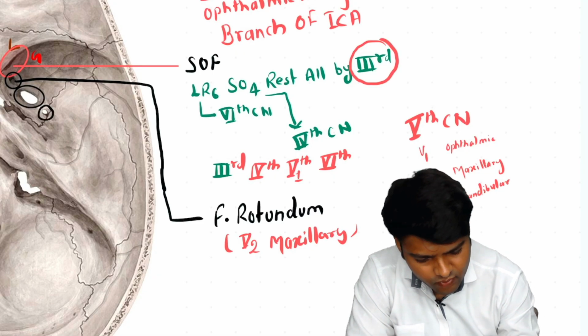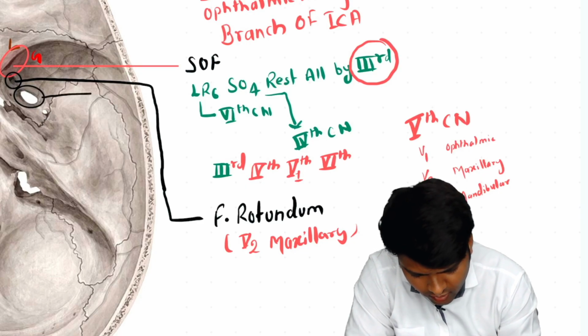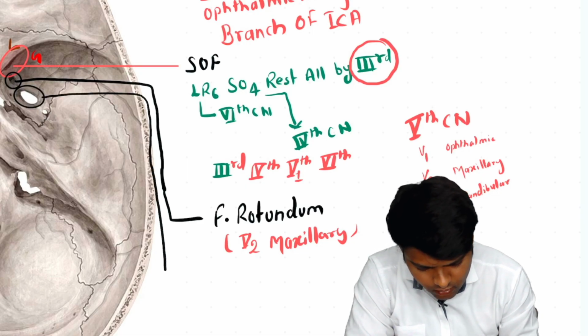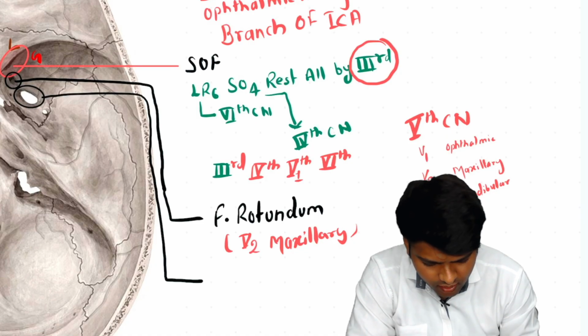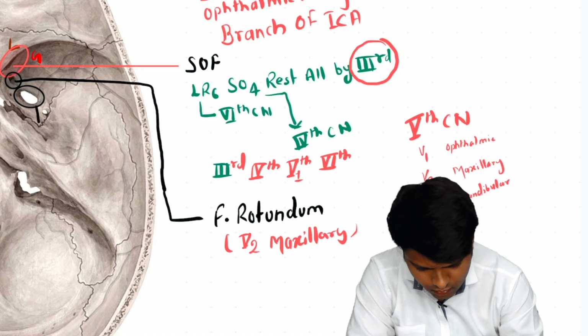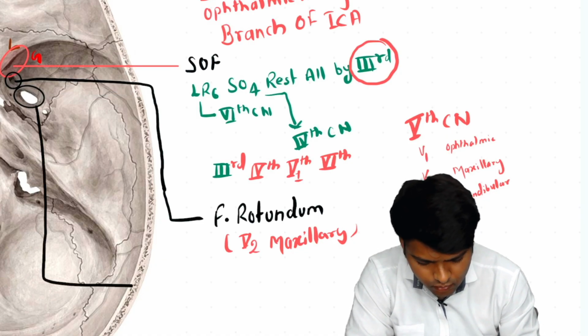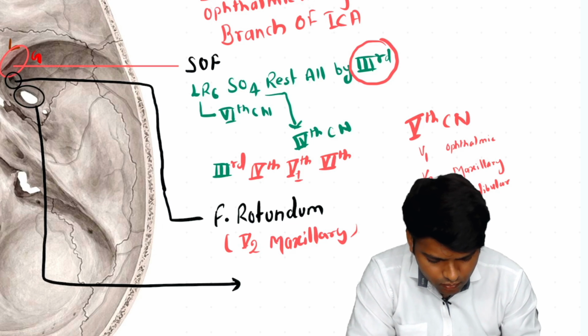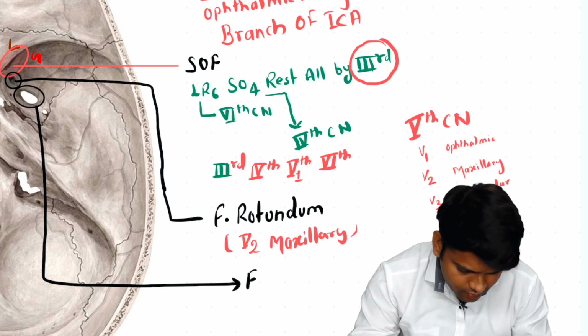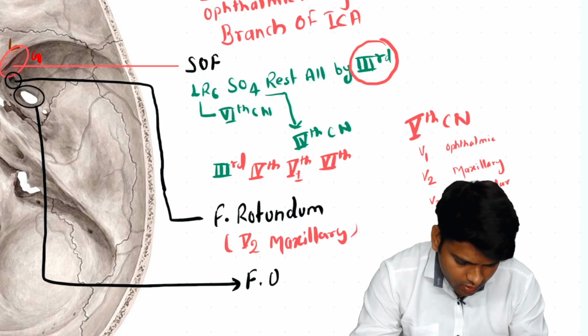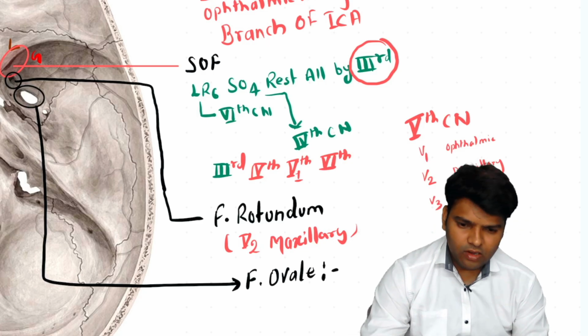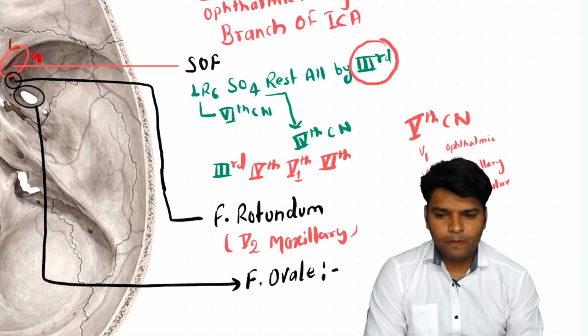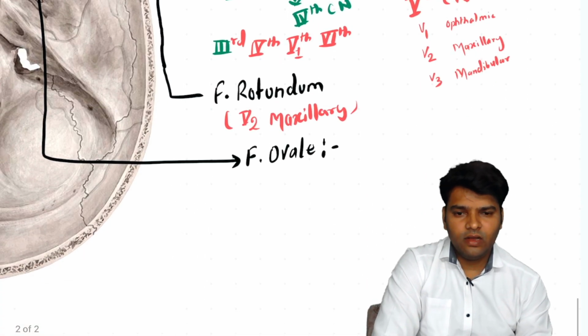But first of all we will learn about the foramen ovale. Which structures pass through the foramen ovale?